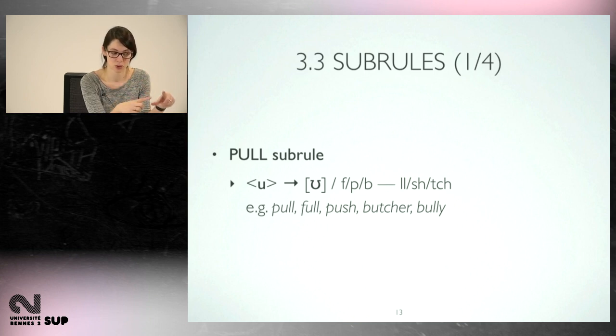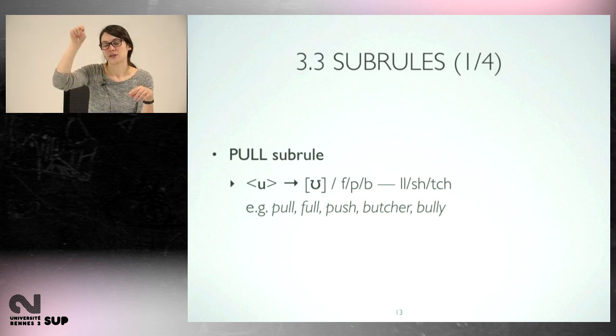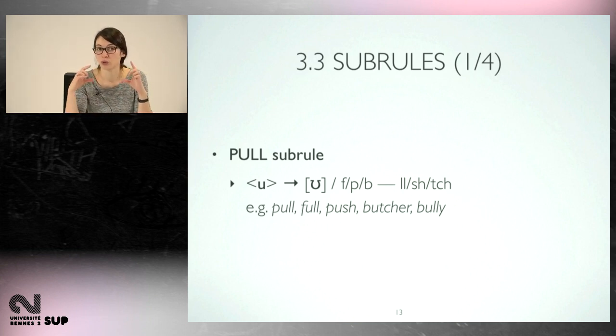Okay, so the U vowel gives or is realized as, okay, that's what the arrow means, the sound or the phone, U. Okay, then you have a slash. The slash means in the following context. Okay, so the graphic vowel U is realized as the phone U in the following context.